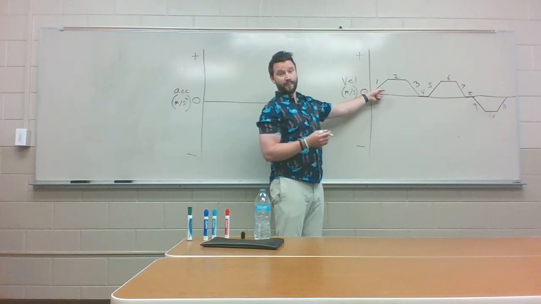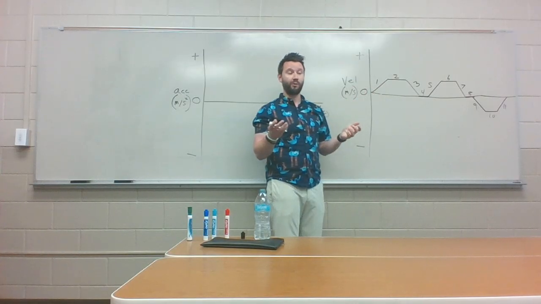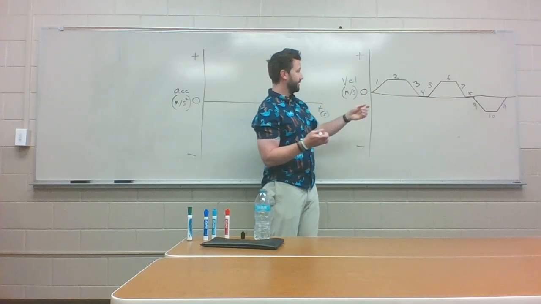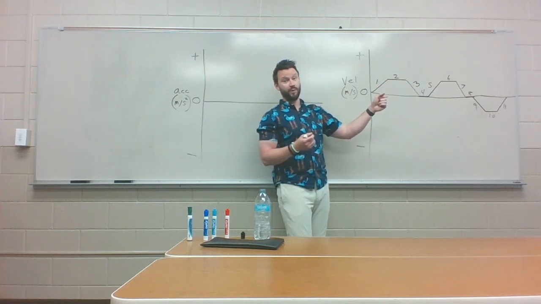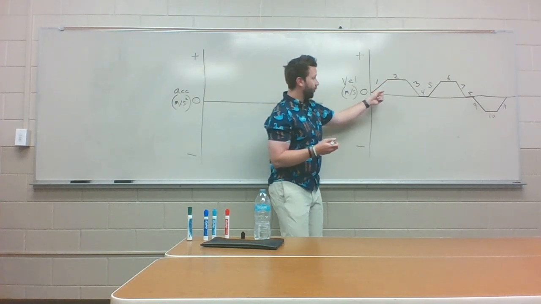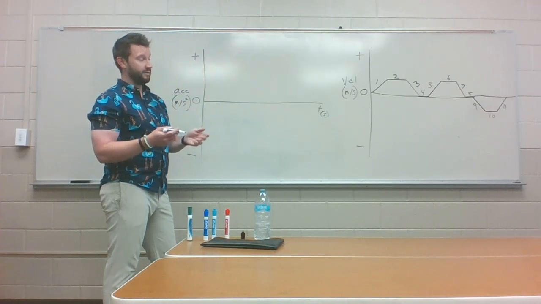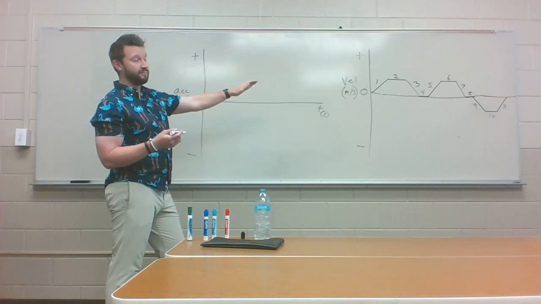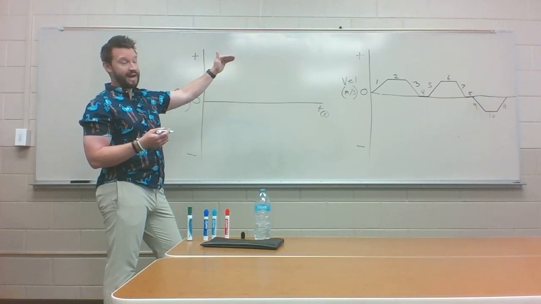Line number 1 of the velocity graph, we ask the 2 big important questions for acceleration. What direction are we going? And are we speeding up or slowing down? For number 1, direction is positive. We know that from the velocity graph because we are on the top half of the graph.